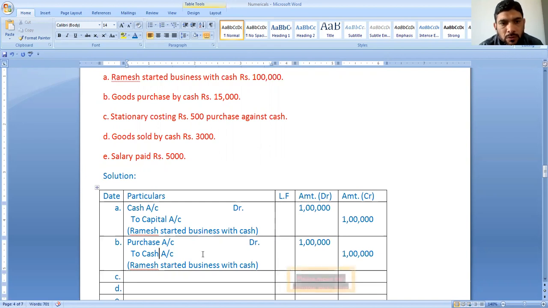For the goods, we have to write purchase account if the goods have been purchased, and if the goods have been sold, it will be written as sales account. And the amount is 15,000. We will write over here 15,000, 15,000 in both the columns.